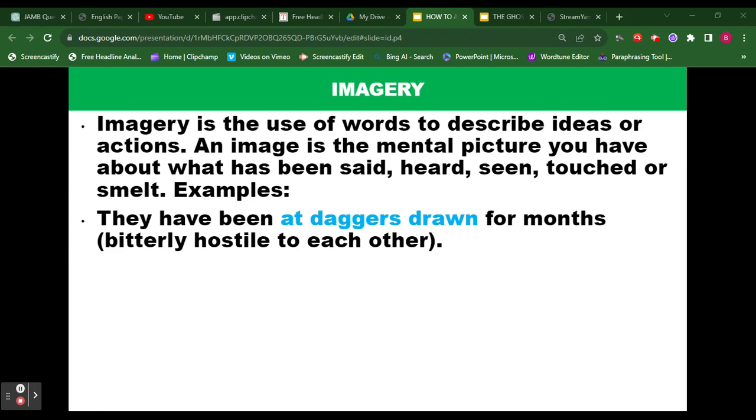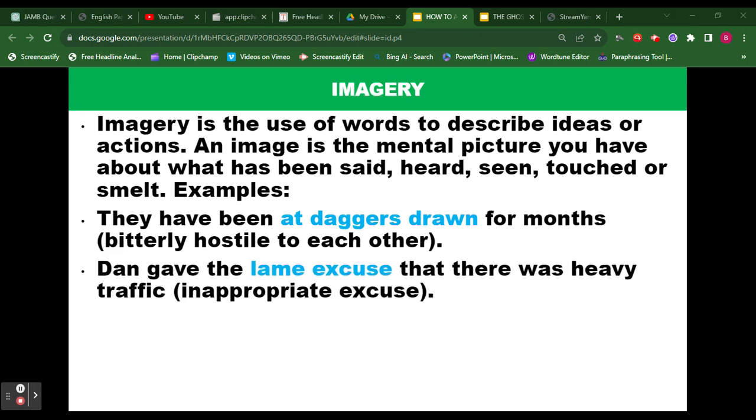What exactly does it tell you? So by examining the type of image that an expression creates in your mind, you can try to figure out the meaning of a sentence. So they have been at daggers drawn for months simply means they have been bitterly hostile to each other, because when people draw daggers, they want to fight, which could even result in death. So bitterly hostile.